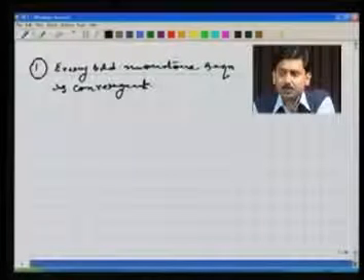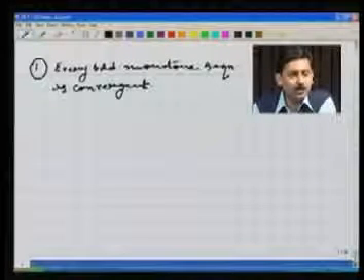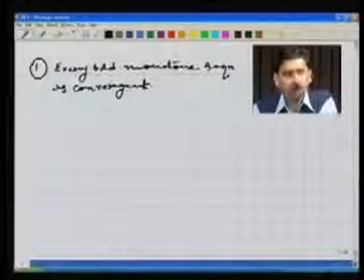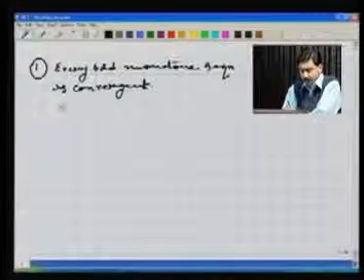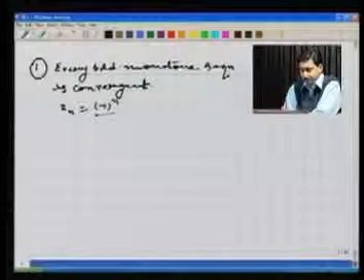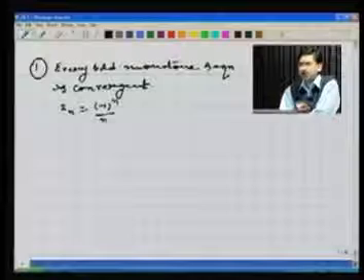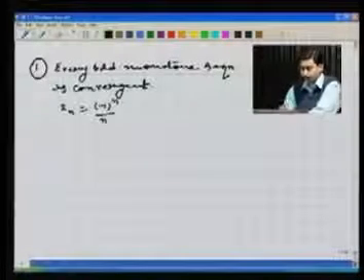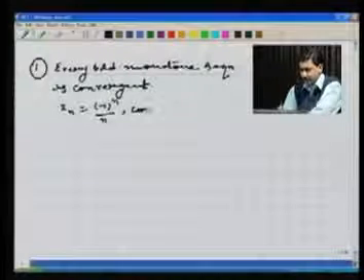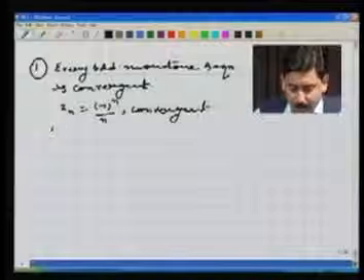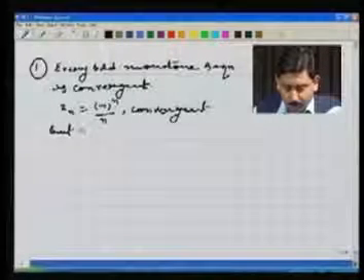But it's not true that every convergent sequence, which obviously has to be bounded, is necessarily monotone. The example is minus 1 to the power n by n. One can easily show by sandwich theorem that this sequence converges, but it is not monotone.